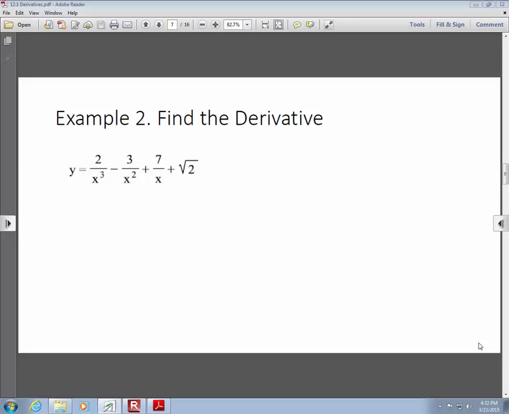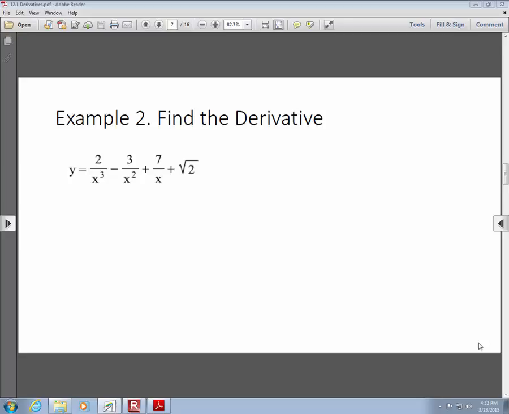Well, notice your x values are all on the bottom. I can't take the derivative with my x values on the bottom, so I need to take those things back on top. And the way you take those x values back to the top is you change the sign of your exponent. Since x cubed is positive, I got x to the positive cube, x to the positive squared, and x to the positive 1. This means 1. When I take those to the top, I'm going to change their sign.